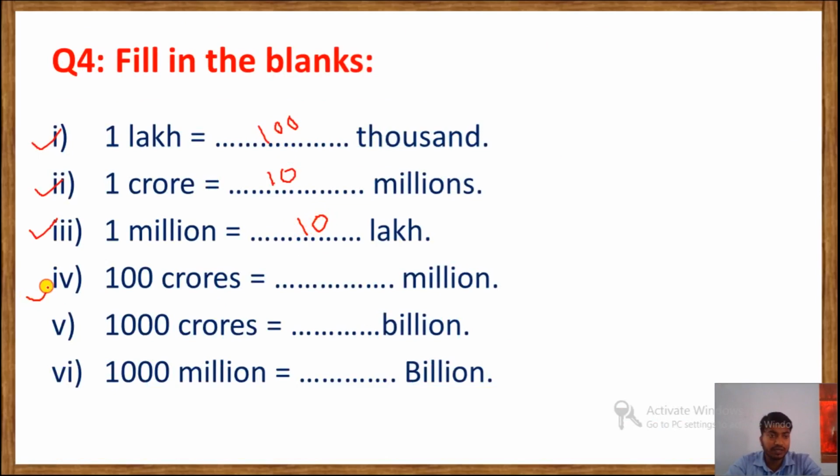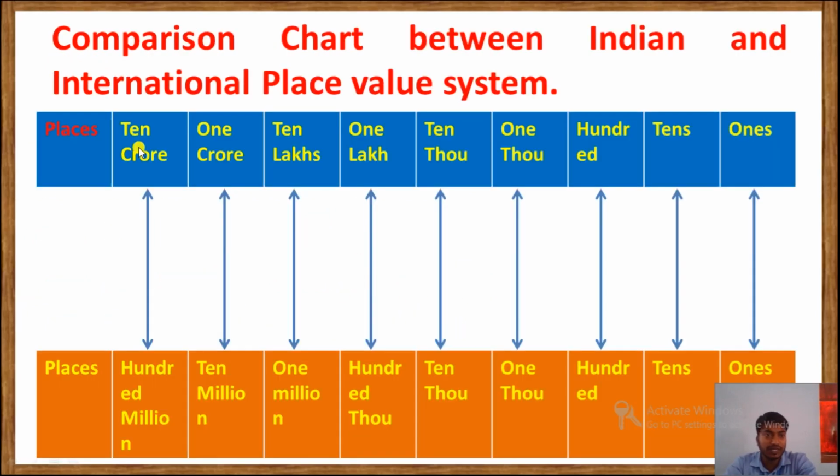Now next, 100 crores is equal to how many million? Here you can see we have 10 crore only, but when we extend the place value chart this side, this is 10 crore, this will be 100 crore. Same way to equalize with the international place value system, here also we need to increase.